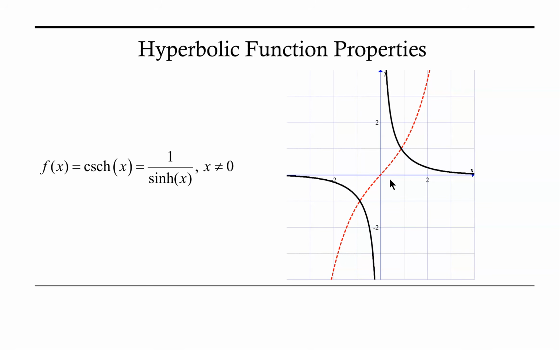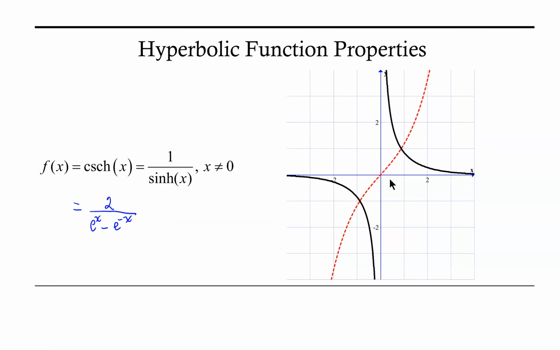Next, let's look at the hyperbolic cosecant, csch. Now, csch is 1 over sinh, and notice that x cannot equal 0. If we were to write this function in its exponential form, we would have 2 over e to the x minus e to the negative x.